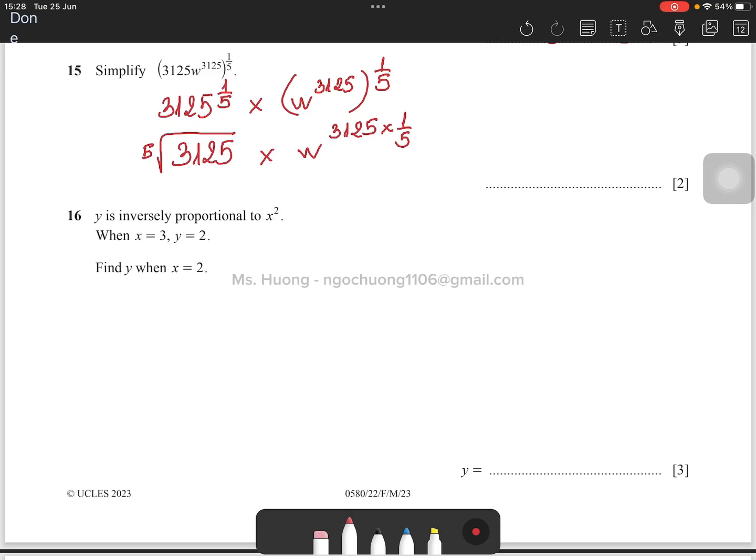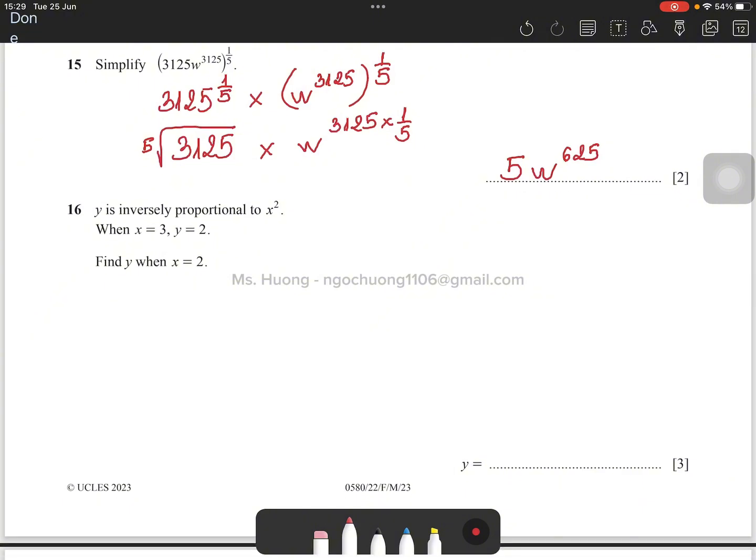And the fifth root of 3,125 is 5. And then W, the product of 3,125 and 1/5 is 625. So this is the final answer.